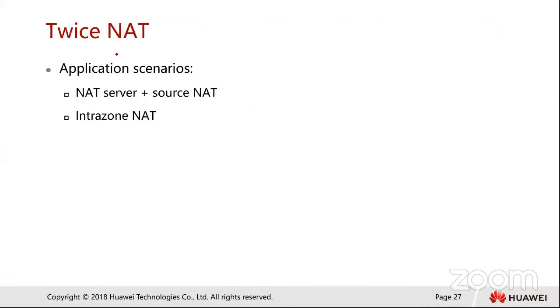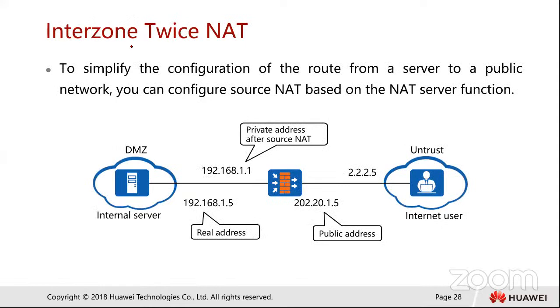So we want to look at twice NAT and the application scenarios. Twice NAT, basically, you are using NAT server plus the source NAT. And also you can use the intrazone NAT. So for the intrazone twice NAT, to simplify the configuration of the route from a server to a public network, you can configure the source NAT based on the NAT server function. So you have your internal server here, it has its real address here, and you have your private address there.